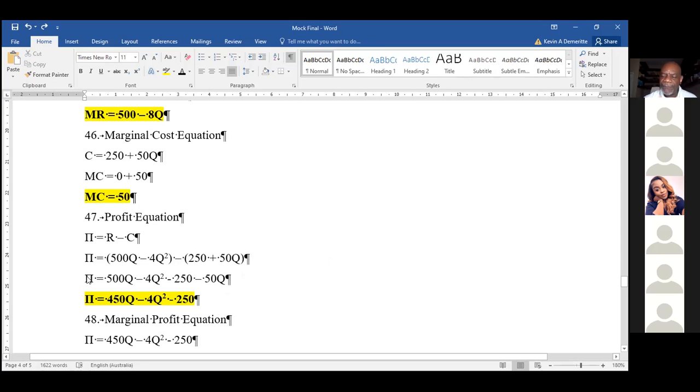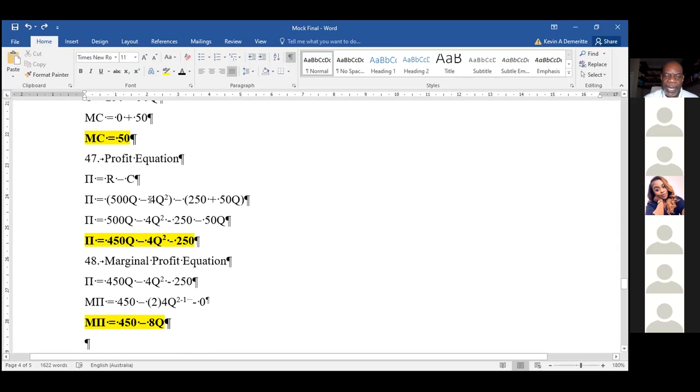You still have to simplify it, bringing it to its simplest form, which means collecting things that are the same. I have a 500Q here and a 50Q. My 500Q is positive and my 50Q is negative, so I end up with a positive 450Q.